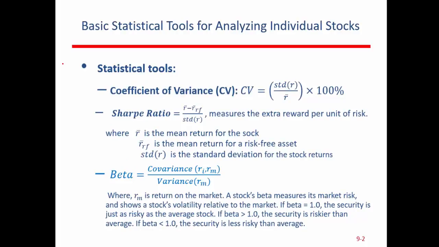They are, as you can see here, the coefficient of variation, which is defined as the standard deviation over the mean return. This measure is used to compare the riskiness of two stocks. Another measure is the Sharpe Ratio, which is defined as, as you can see, mean return minus risk-free rate over standard deviation, and it measures the extra reward per unit of risk taken.